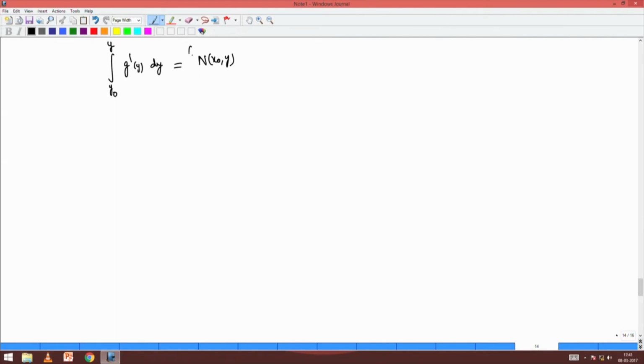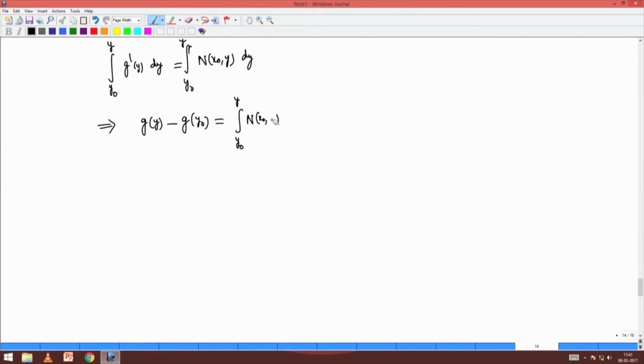This you are integrating with respect to y from y naught to y. So this will give me g(y) minus g(y naught) equal to the integral from y naught to y of N(x naught, y) dy.